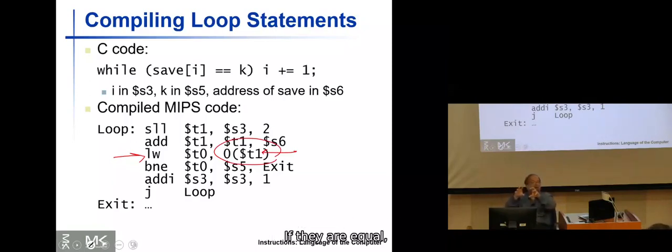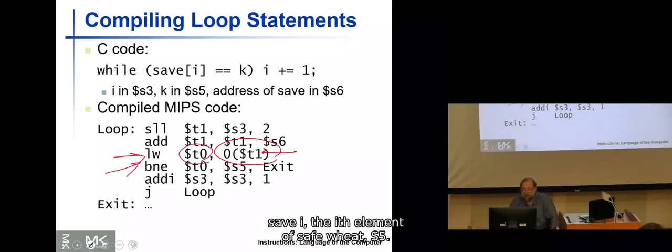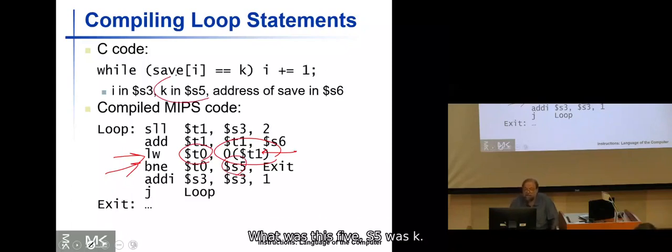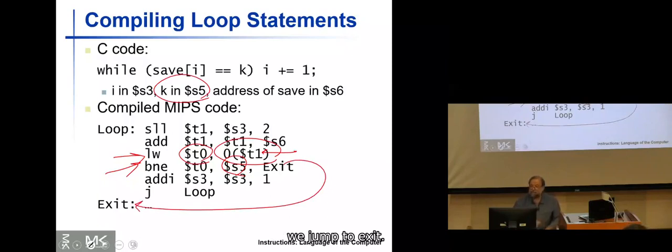If they are equal, then we go to the next array element. If they are not equal, the while loop is finished. So we compare T0, which is save I, the ith element of save, with S5. What was S5? S5 was K. If they are not equal, we jump to exit.